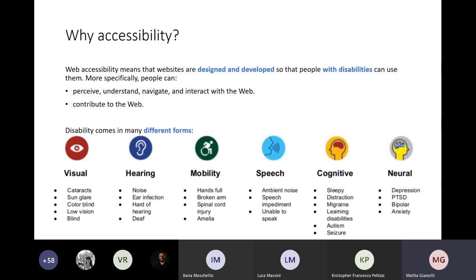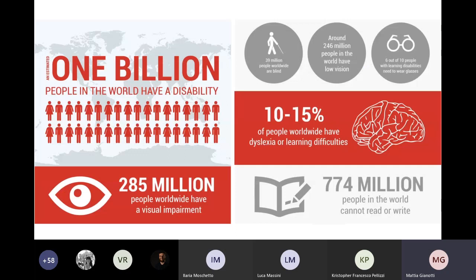But why should we bother from an economical point of view? Theoretically, everything can be made easy to achieve, but it costs money. So why do I need to invest money in making content that is accessible by anyone? The reason, in a purely economical way, is that a huge part of the population in the world has at least one disability.